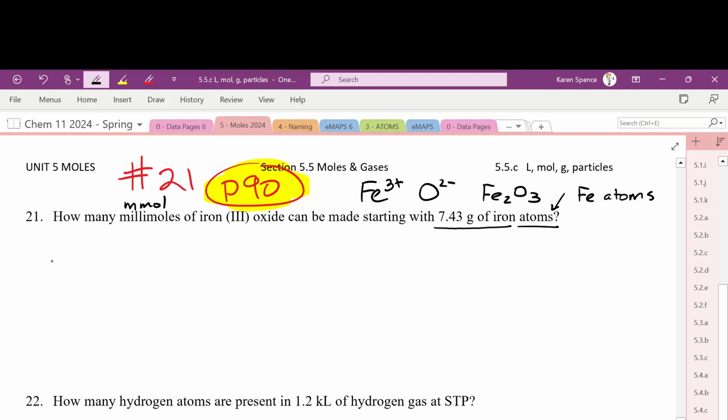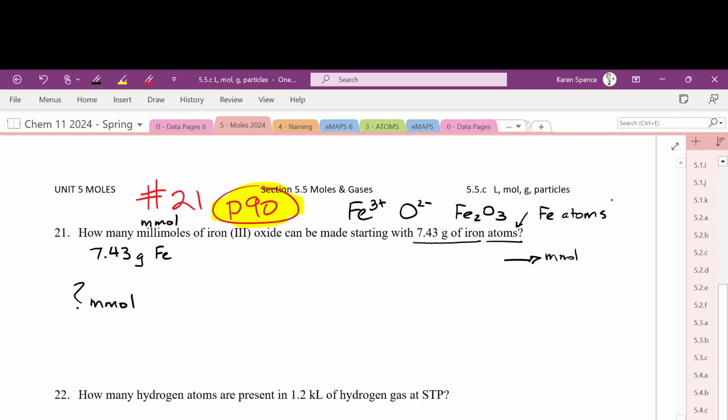How many millimoles? Now I'm going to do a little math before I actually do this. We are starting with 7.43 grams of iron, and we want to finish eventually with millimoles of Fe2O3.